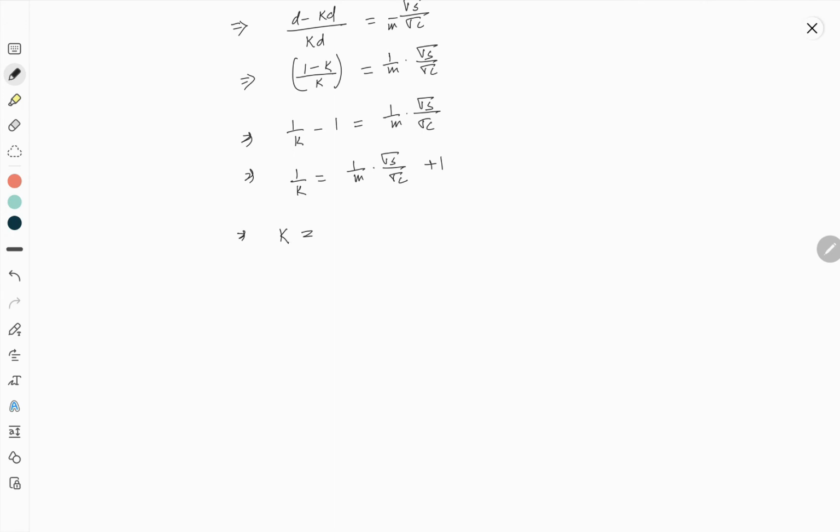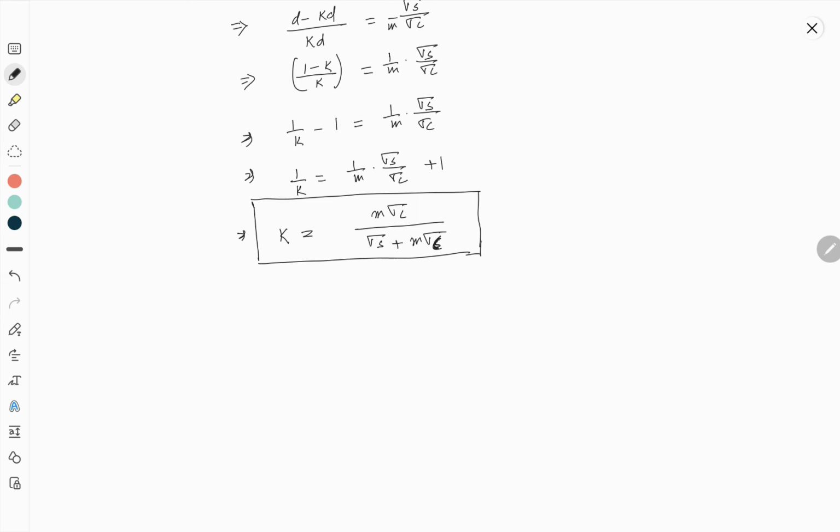Then k equal to m sigma c by sigma s plus m sigma c. This is the value of k.